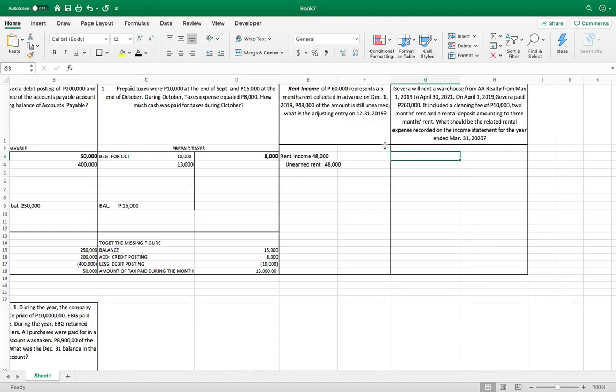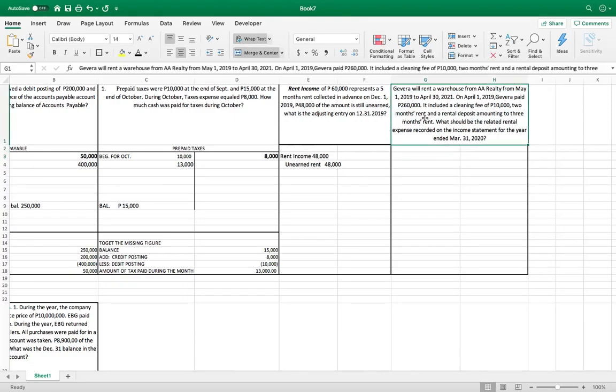No? 600,000. So that is 50,000 a month times 12 months. Now, what happened to the 2 months rent? The 2 months rent is already consumed within the year. So that is part already of the 12 months. No?